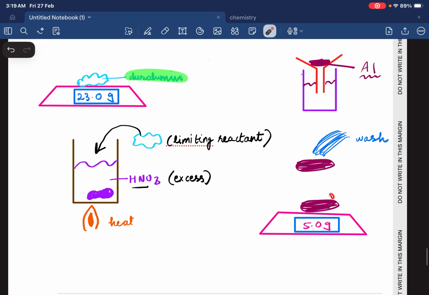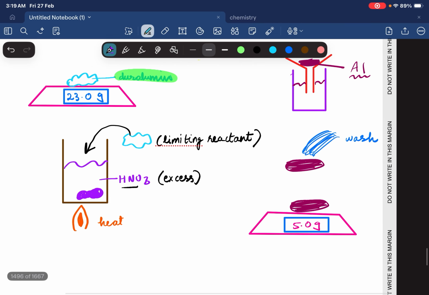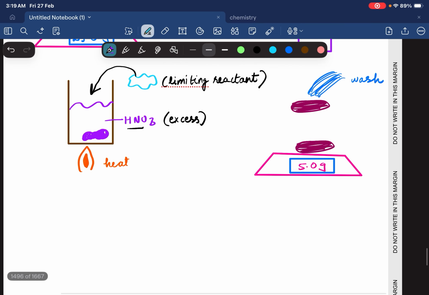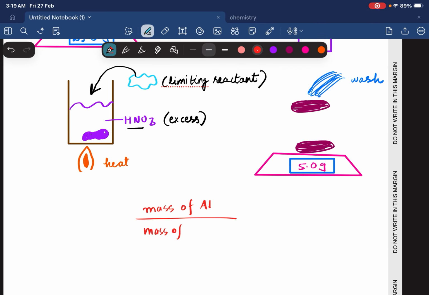Now we have the mass of aluminum and we have the mass of duralumin. Now we're simply going to use the formula. That's as easy as ABC. The formula is simple: mass of aluminum divided by the mass of the alloy, the duralumin, times 100.